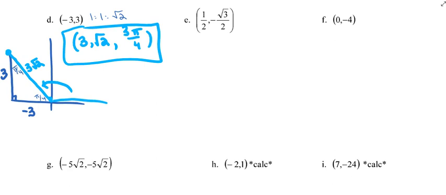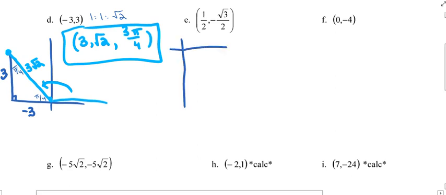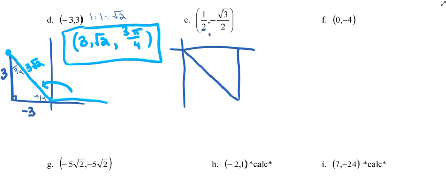Letter E says 1/2 comma negative root 3 over 2. So this is going to put me in quadrant 4. I'm moving 1/2 unit to the right of the origin, root 3 over 2 units down.